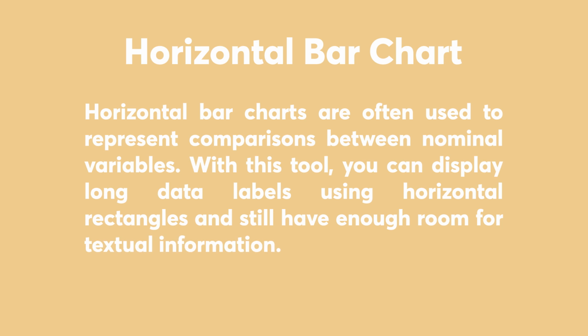Horizontal bar charts are often used to represent comparisons between nominal variables. With this tool, you can display long data labels using horizontal rectangles and still have enough room for textual information.